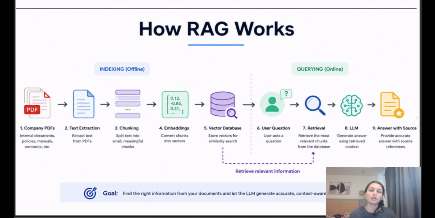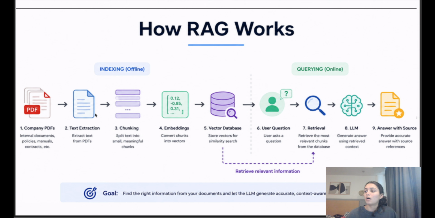Let me give you a brief overview of how RAG actually works. It's divided into two parts, indexing and querying. Indexing is majorly offline and querying happens online. Let's assume you have your PDFs, your documents, your internal policies. Step one is text extraction.